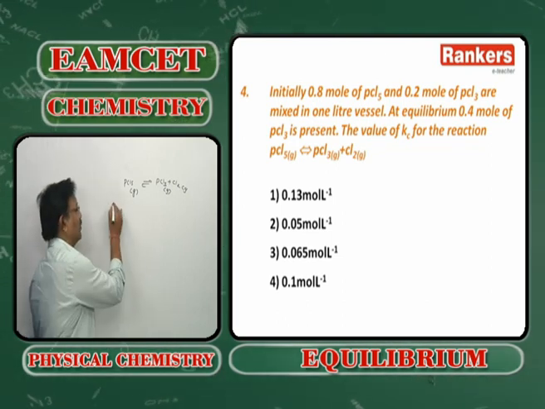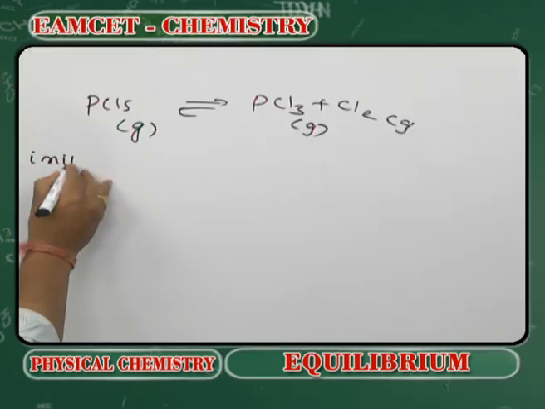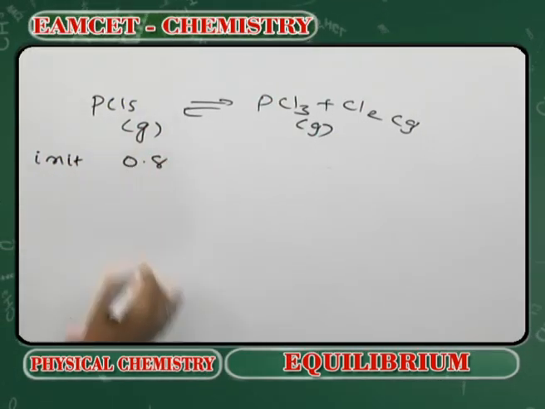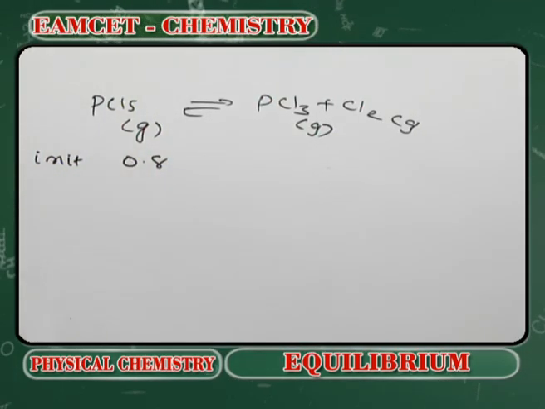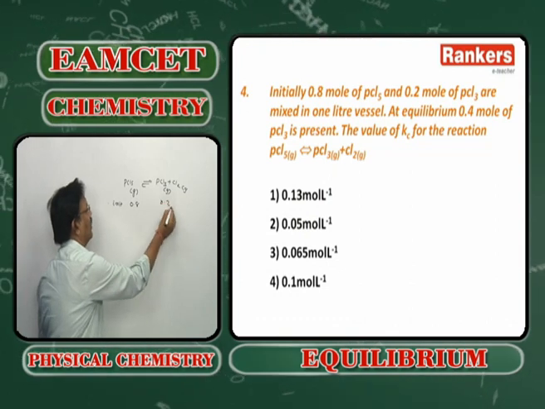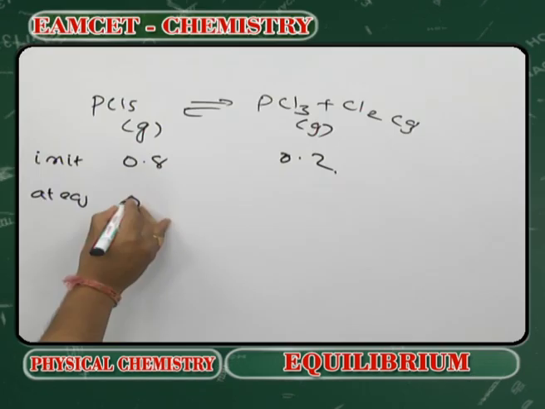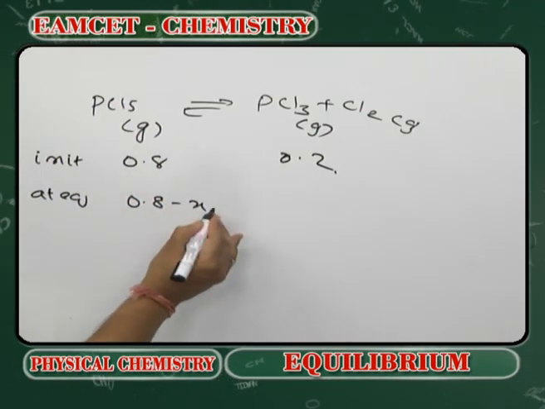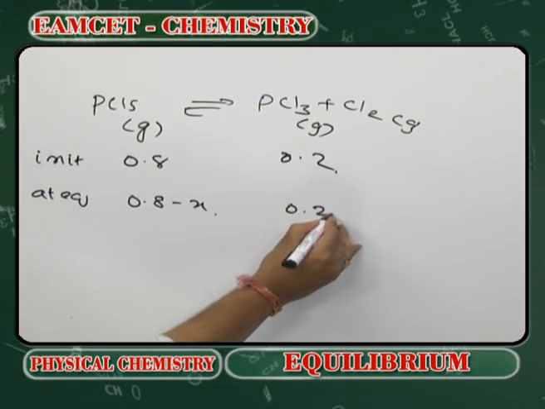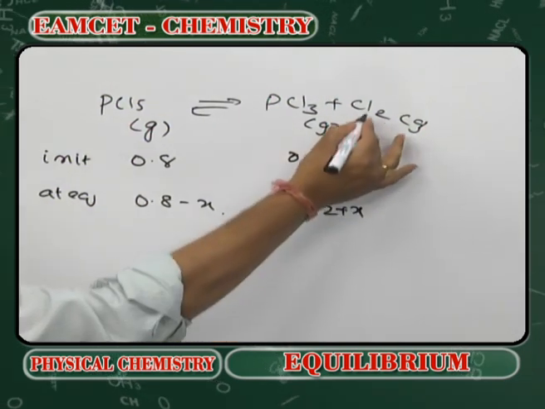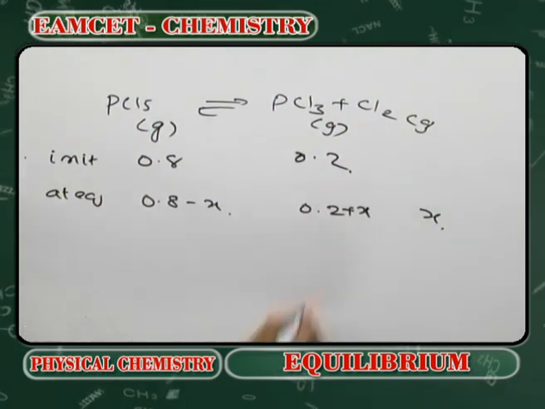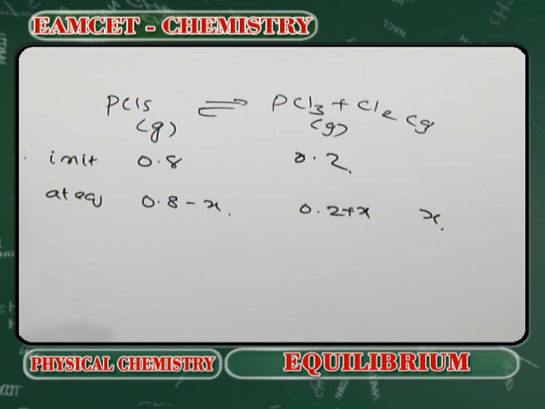What is the initial number of moles? 0.8 for PCl5, and for PCl3 it is 0.2. At equilibrium, 0.8 minus x, this will be 0.2 plus x, this will be x.